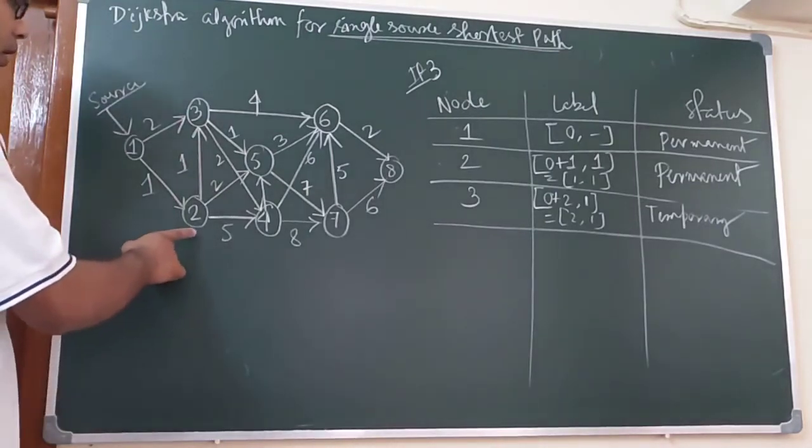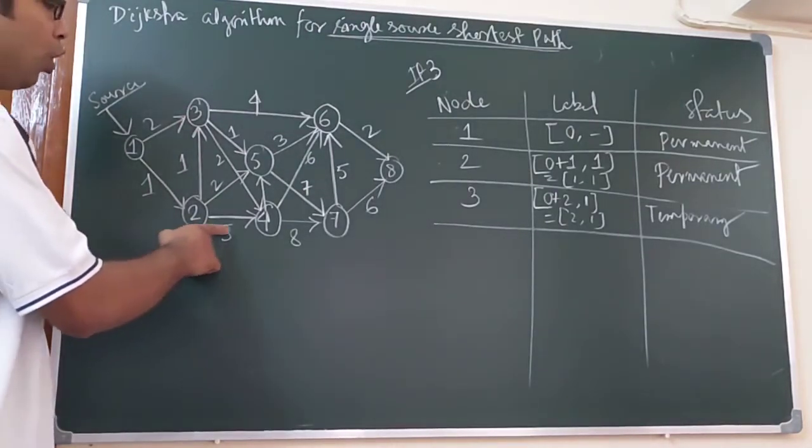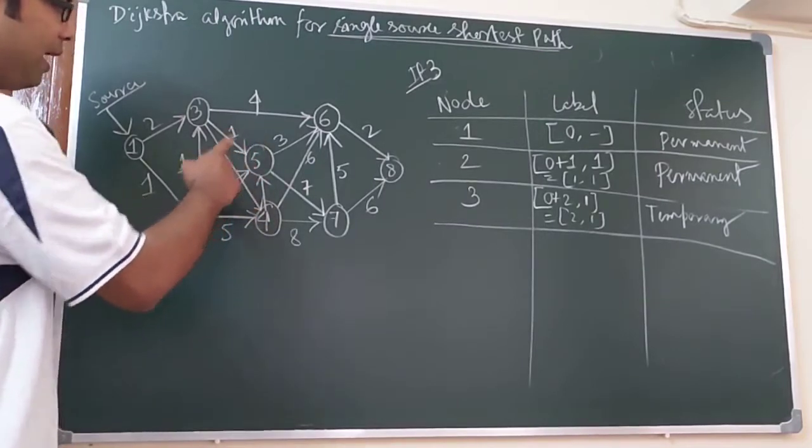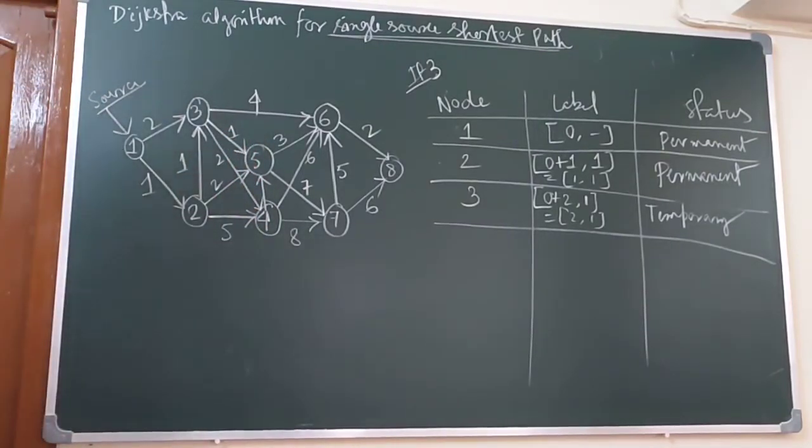Now node 4 and node 5 can be accessed from node 2.